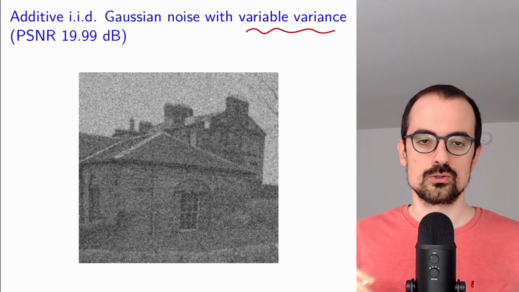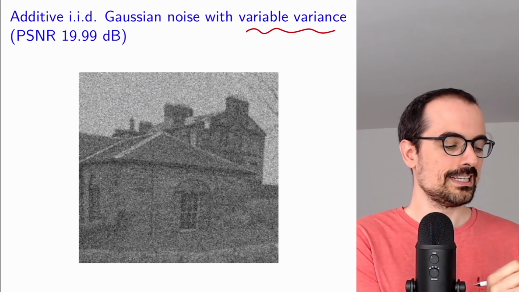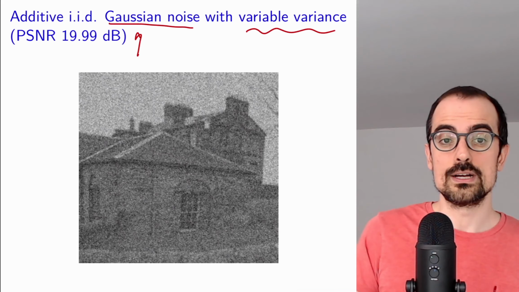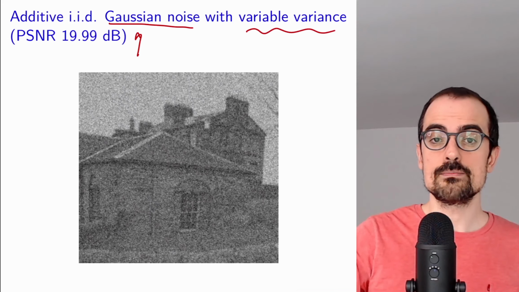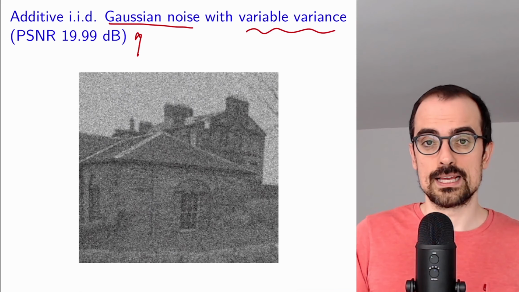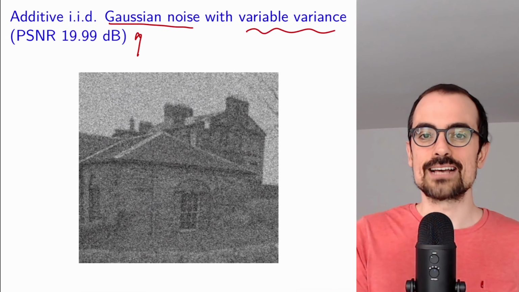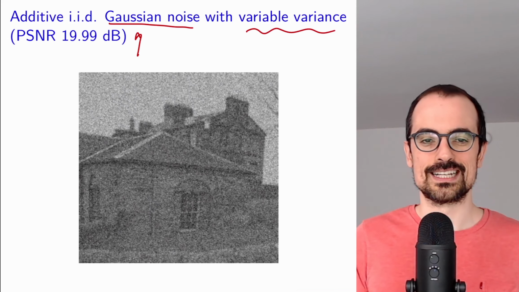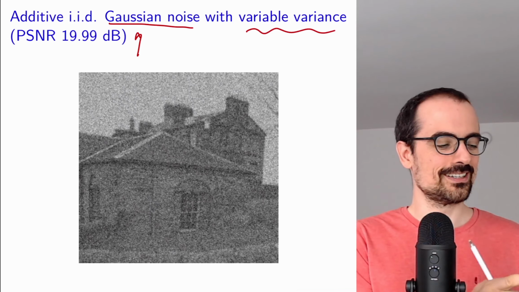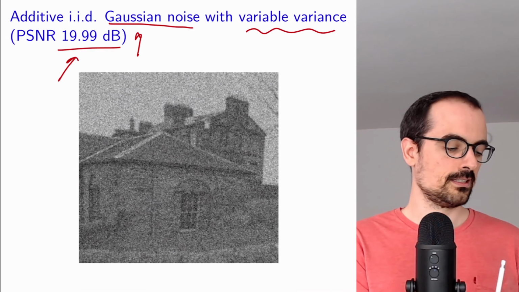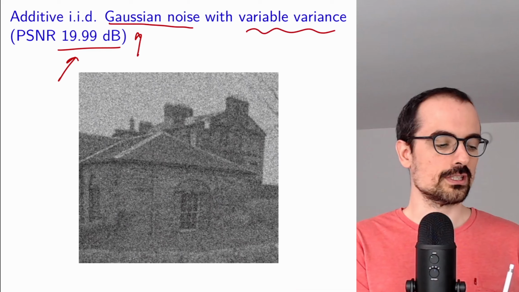It's important to emphasize that Gaussian noise is not necessarily a very realistic model of noise in real photographic images, but it's used all over the place in the literature as a standard benchmark for denoising algorithms. So that's what we're going to consider here. And this is the PSNR that we have in our noisy data set of natural images.